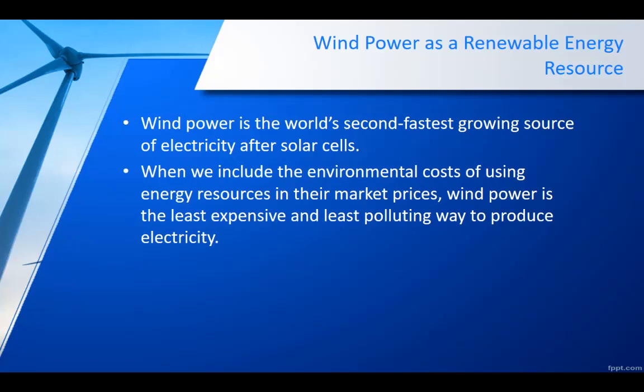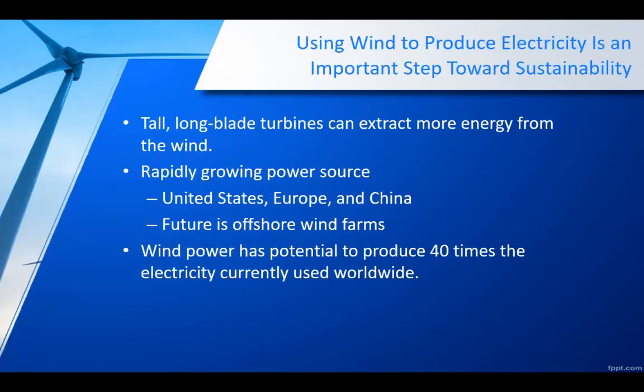All right. So we've discovered in terms of scale that tall, long blade turbines can extract more energy from the wind than our small turbines. Now, some people don't like them. They think they're kind of an eyesore, but they're very effective at producing electricity and wind is rapidly growing as a power source in the United States, Europe, and China.